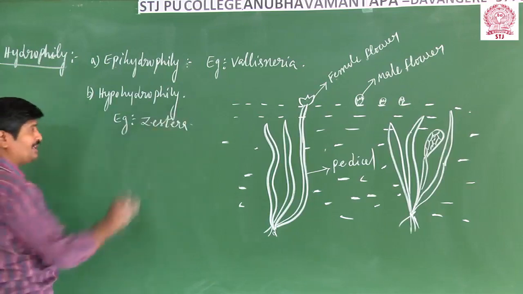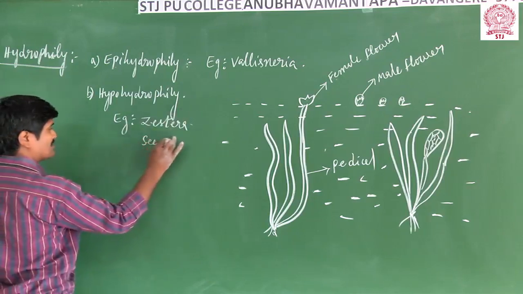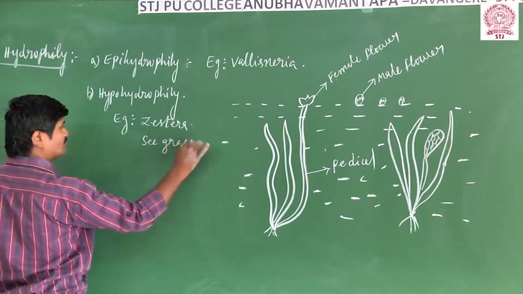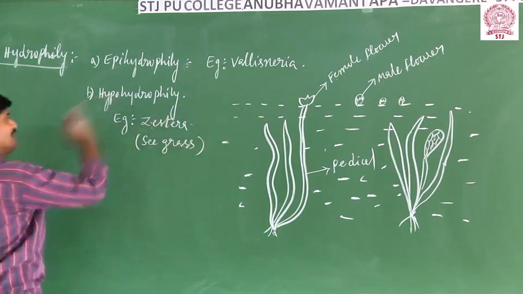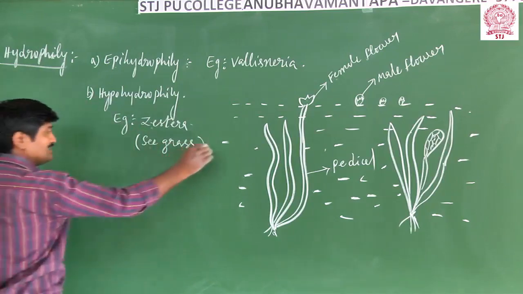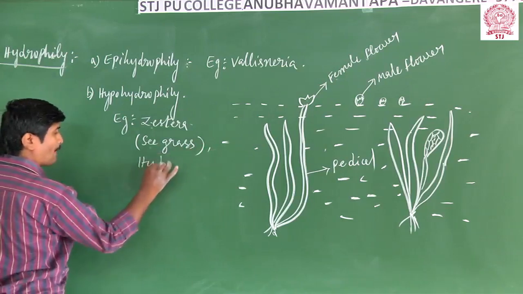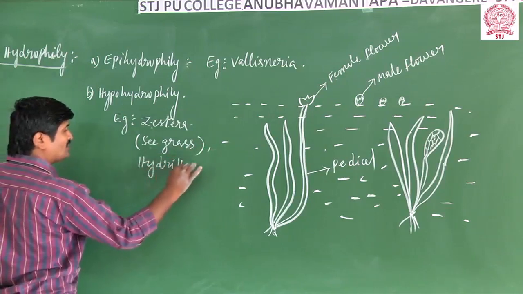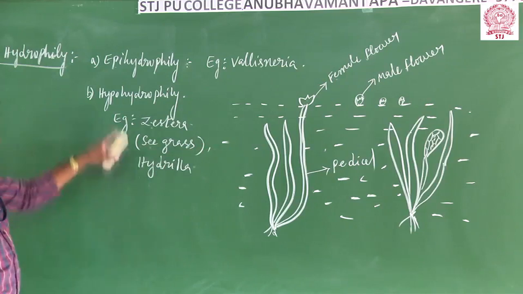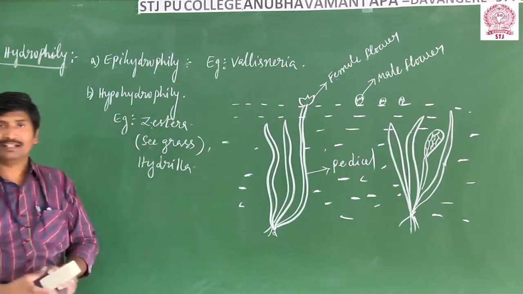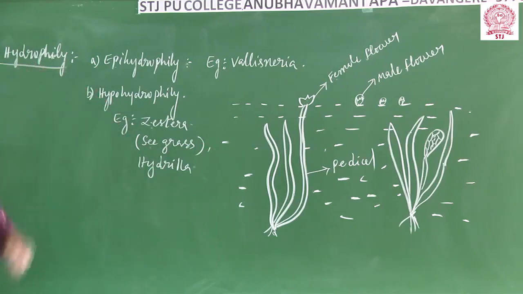The common name of Zostera is sea grass. One more plant is Hydrilla. These two are the best examples for the hypohydrophily. These are the two types of the hydrophily.